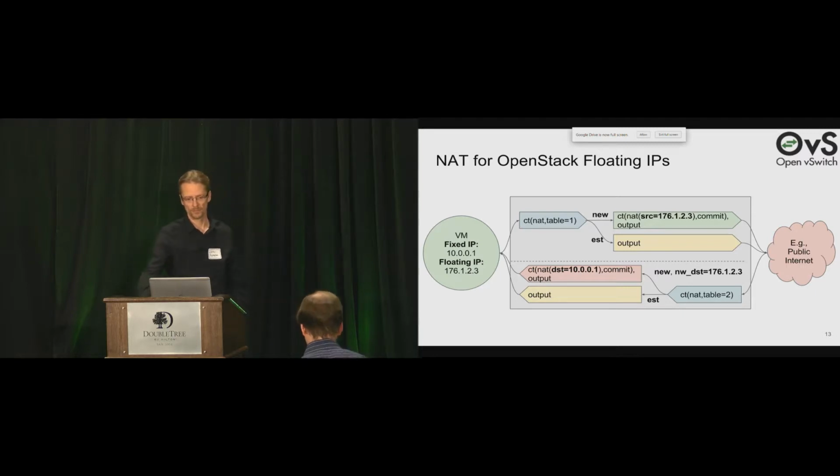Here the VM has a fixed IP and a floating IP assigned, and the new packets on the top part for outgoing connections first go through the conntrack, and then after that we match on the CT state fields, and for the new packets the NAT action on the top right is applied where the source address is mapped to this floating IP.